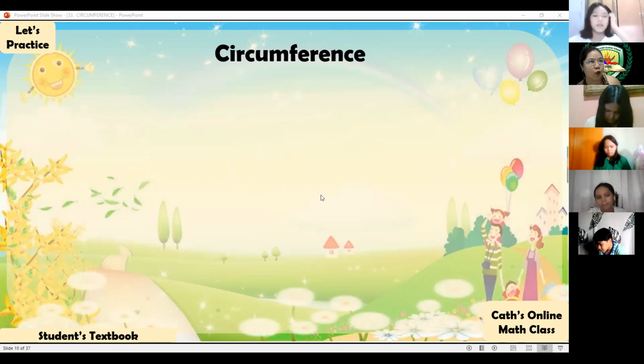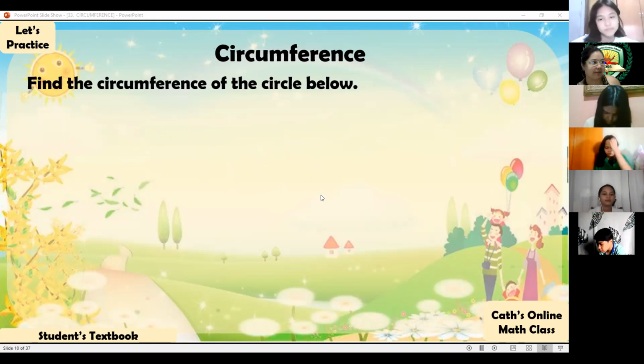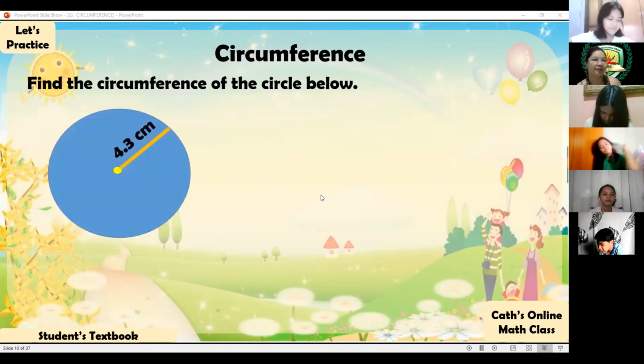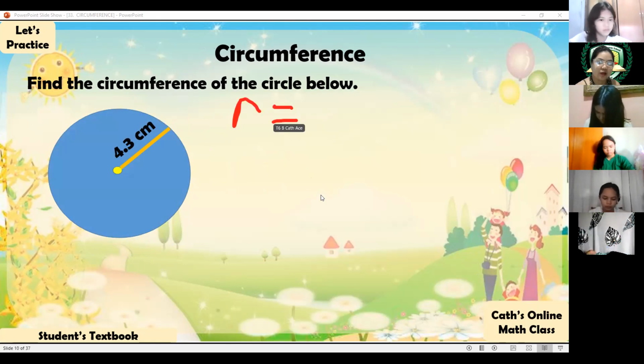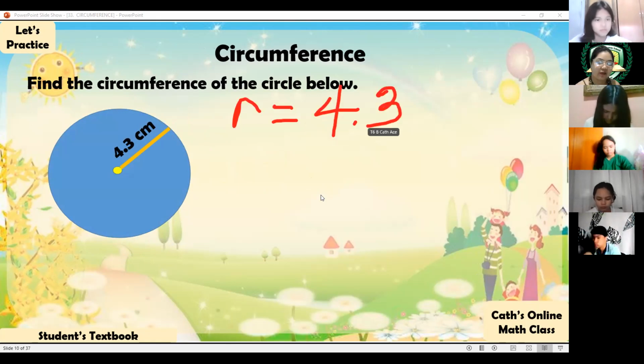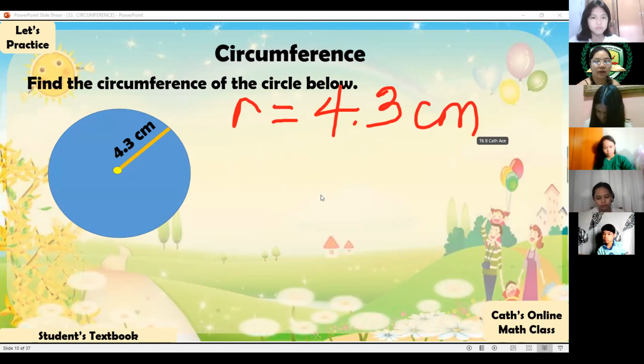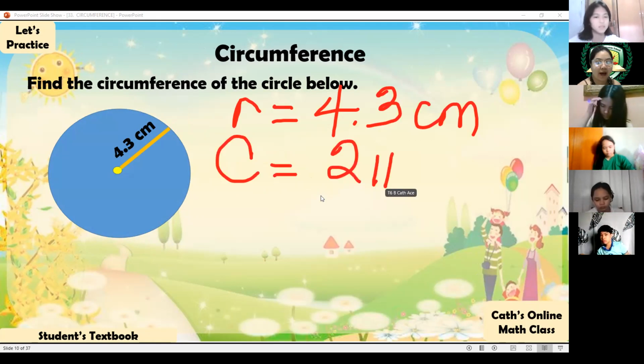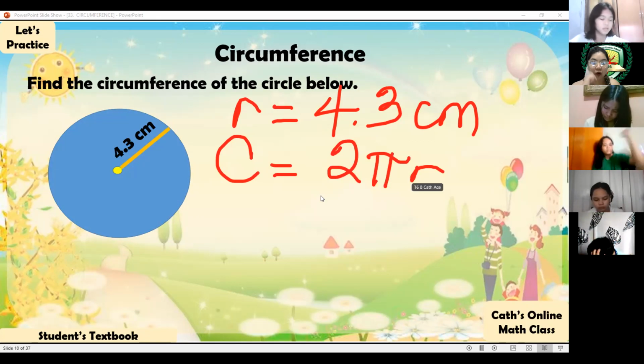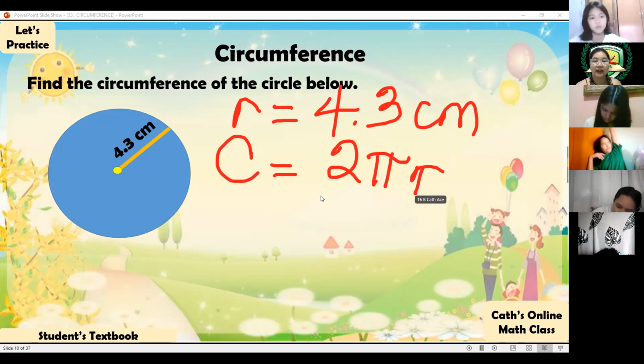Paano naman kung radius ang given? Okay? So this one is the radius, 4.3. So ano yung formula natin pag radius ang given? Do you still remember? It is 2 pi r. Tatandaan nyo, si radius kasi dalawang beses ni diameter.